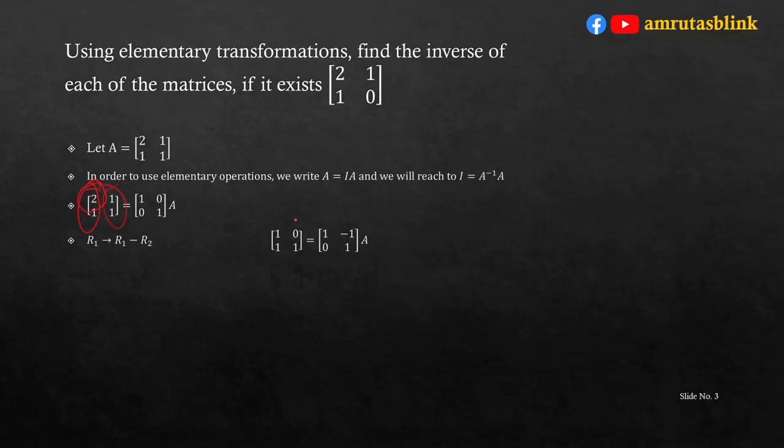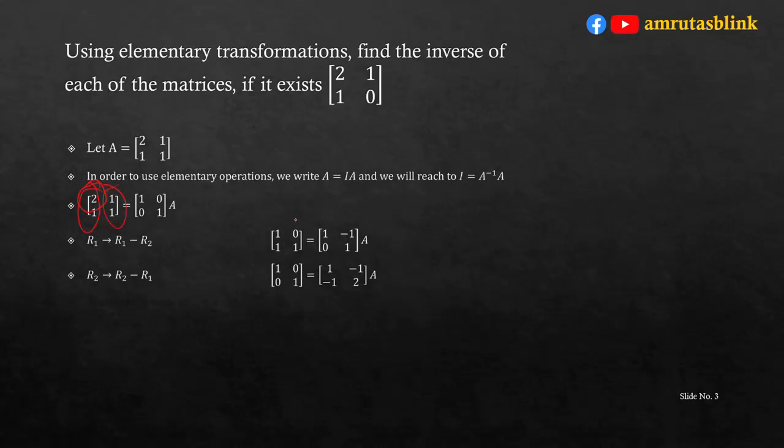So, the first row becomes 1, 0, and the second row 1, 1 stays as it is. Now, the same operation is repeated on the right hand side. First row first column is 1 minus 0 equals 1, first row second column is 0 minus 1, that is minus 1, and the second row stays as it is, 0, 1, into A.